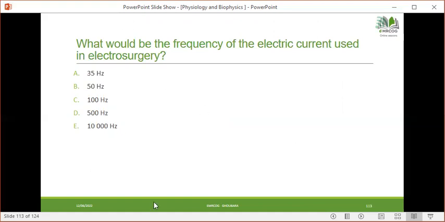Let's answer this question and revise together how diathermy works. What is the frequency of electric current used in electrosurgery? It's about 500 hertz, maximum, by the way.